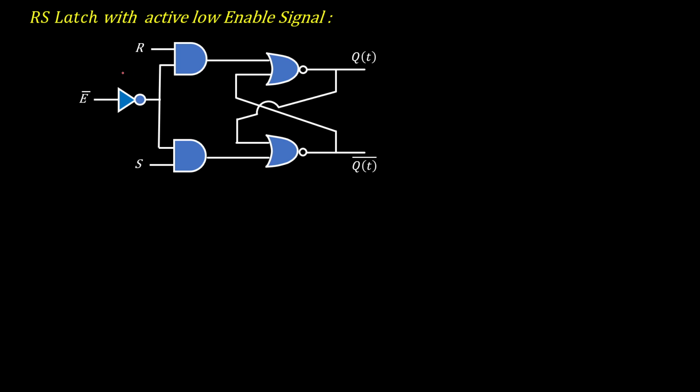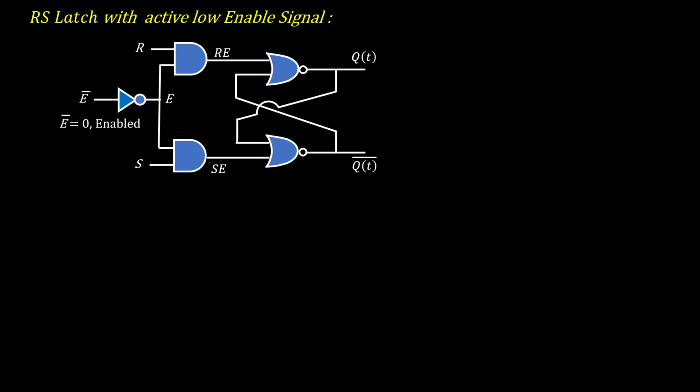We will use a NOT gate here. E bar is the other input. So the output of this NOT gate will be E. The first AND gate output is RE, the second AND gate is SE.